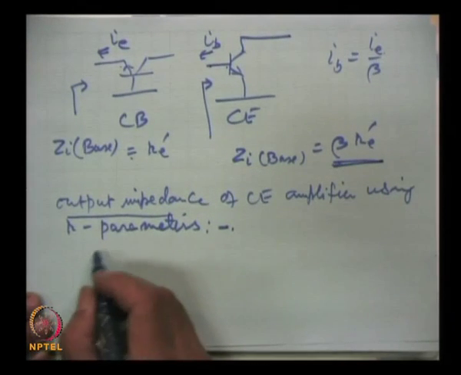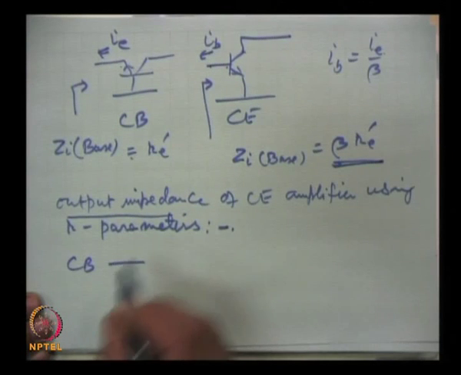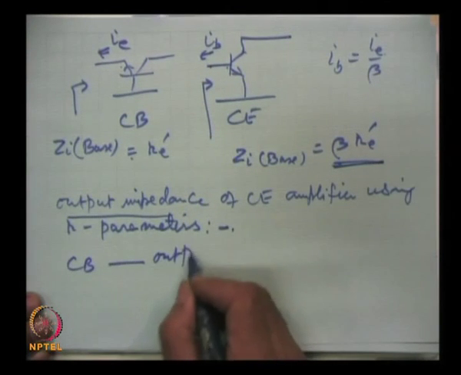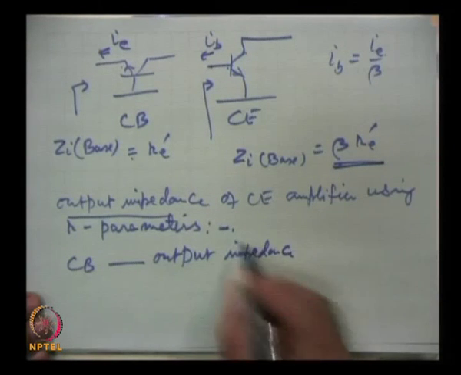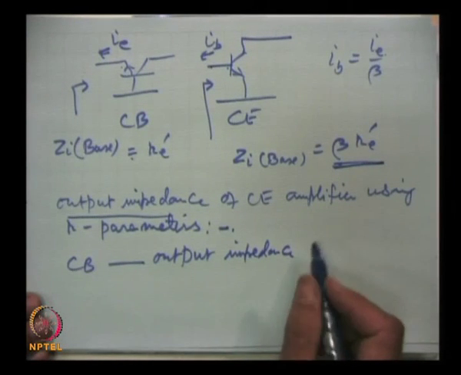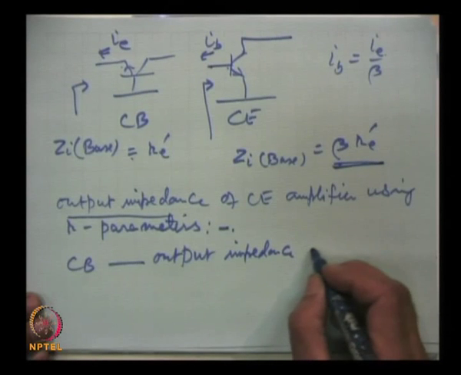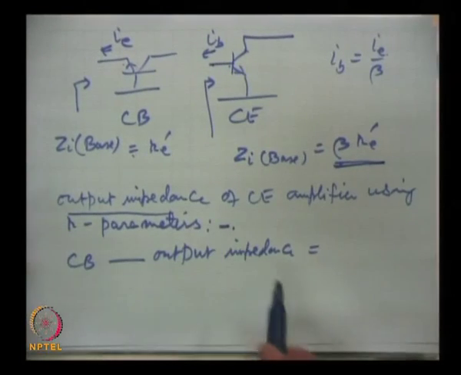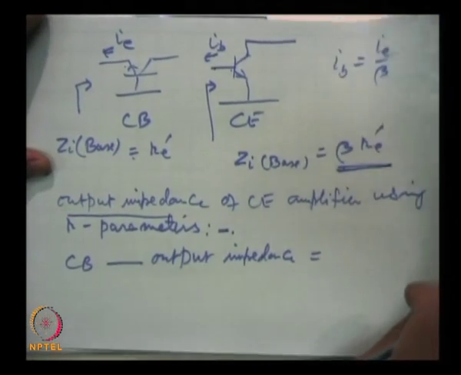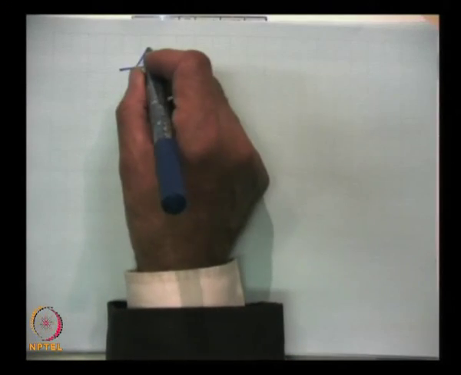Similarly, in CB case the output impedance is equal to what the collector effectively sees. So, if you remember the common base circuit, here I just draw a part of it.